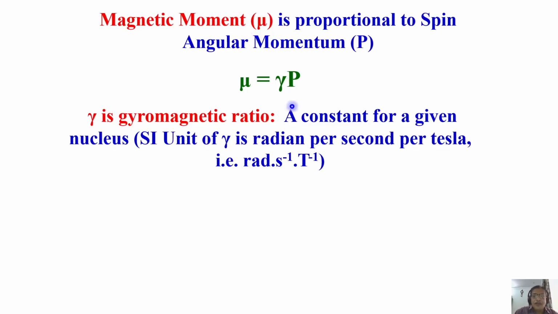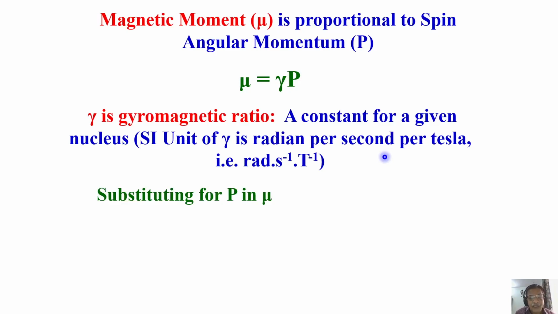It has some units. In SI units, gamma is expressed as radians per second per Tesla. So please remember, the magnetic moment, which I just introduced, is proportional to spin angular momentum by a proportionality constant gamma.